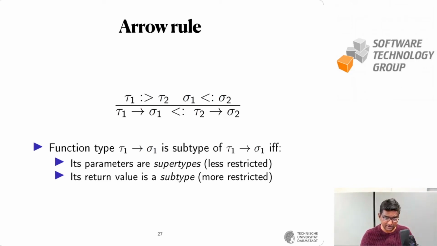So if t1 is a supertype of t2 and sigma 1 is a subtype of sigma 2, then the function of type t1 arrow sigma 1 is a subtype of t2 arrow sigma 2, right? If you go back to the previous example and apply this arrow rule, you can formally understand why g of h1 type checks and g of h2 does not type check, right?